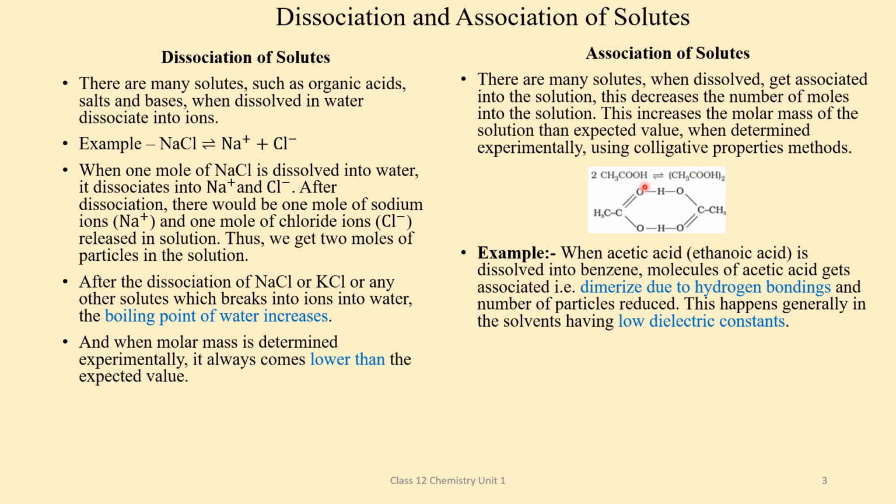The chemical reaction is shown on the screen above. This happens generally in solvents having low dielectric constant. This process increases the molar mass compared to the expected value when determined experimentally.